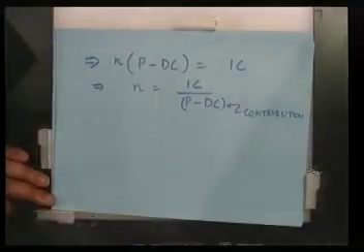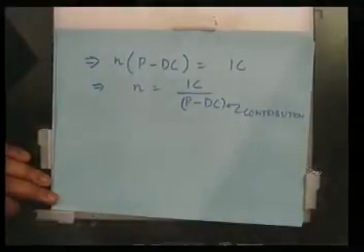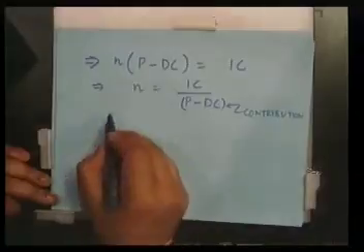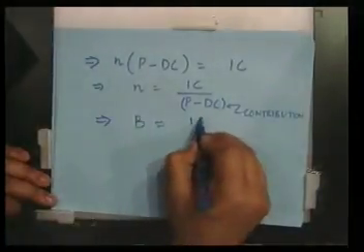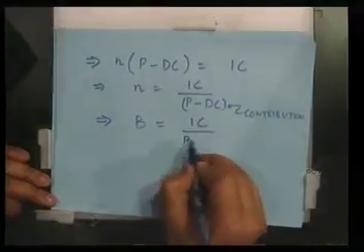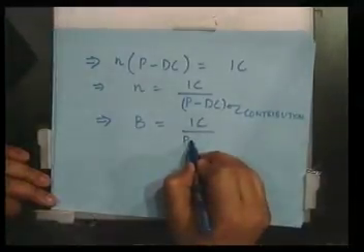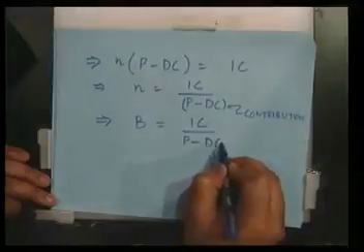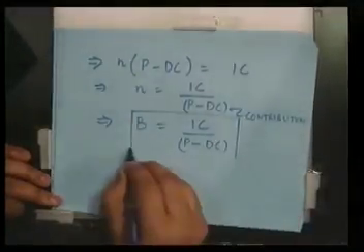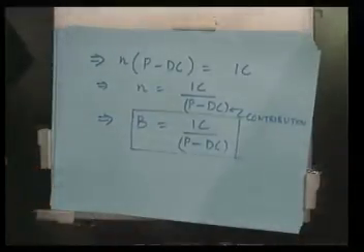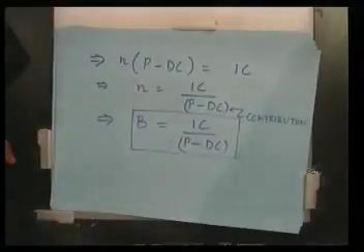At break-even point, N becomes B. So, we have break-even point as B equal to IC divided by P minus DC.